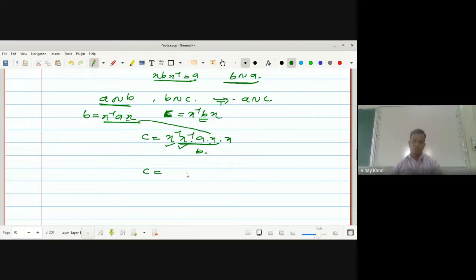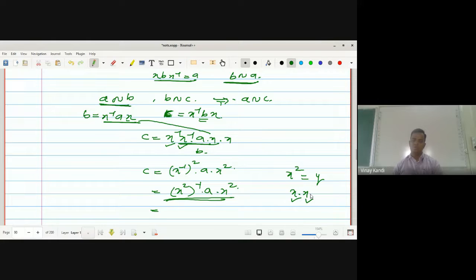I call it x inverse squared a x squared, that is equal to x squared inverse a x squared. Suppose x squared is equal to y.